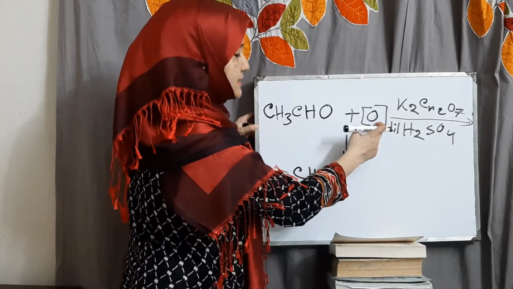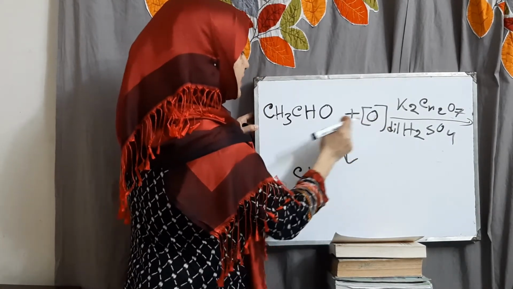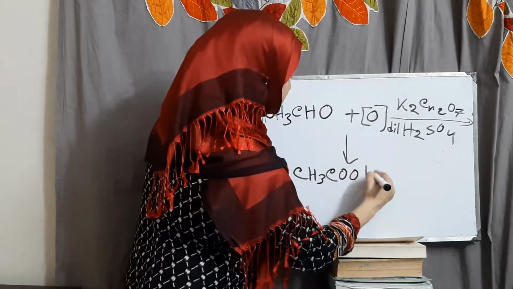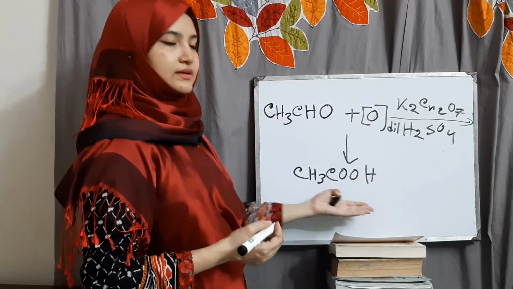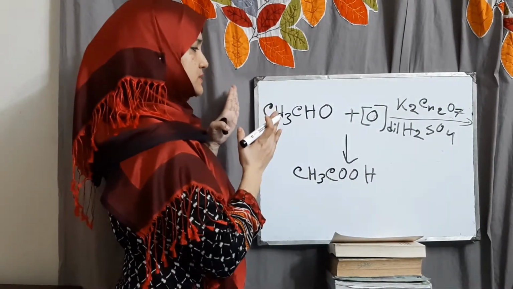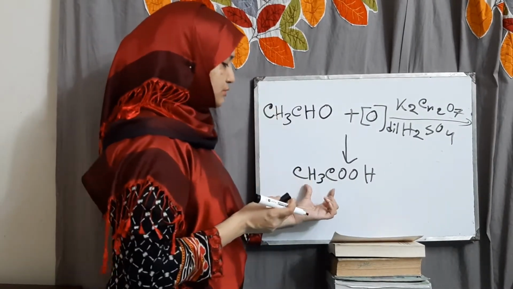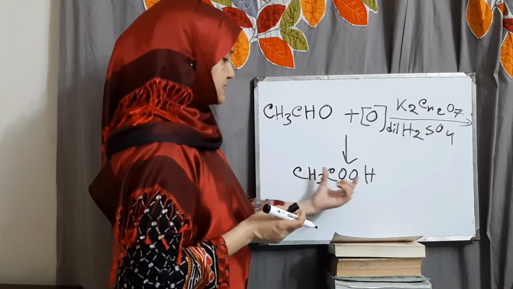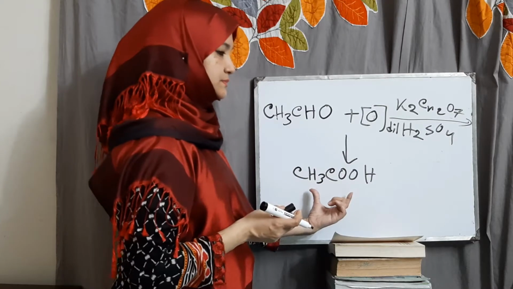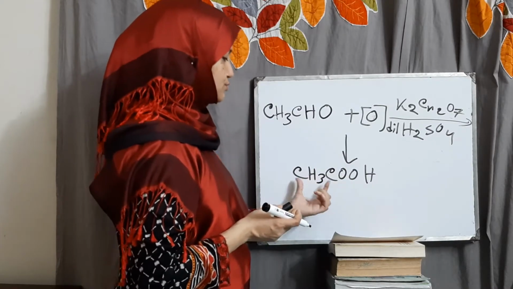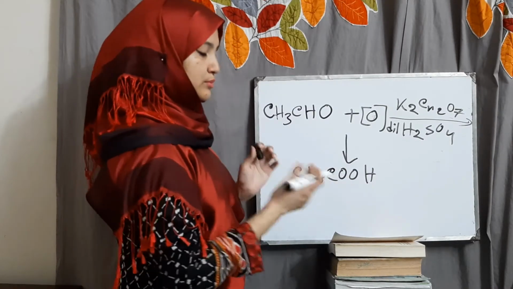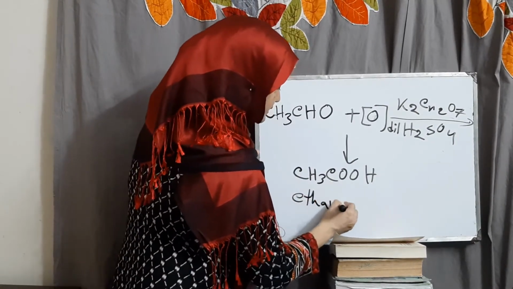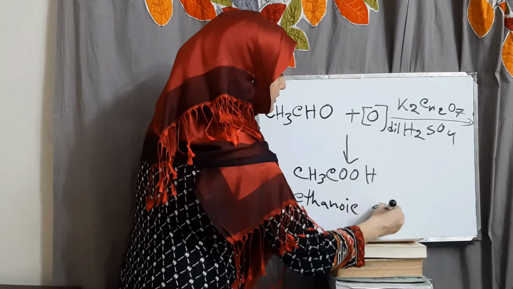This nascent active oxygen will be added to this aldehyde group, and we get carboxylic acid. We started with 2-carbon alkene, and this carboxylic acid also has 2 carbon atoms in its molecule, and the name is ethanoic acid.